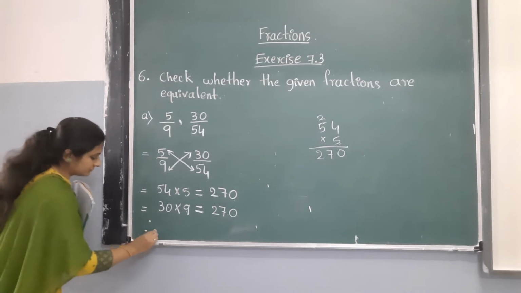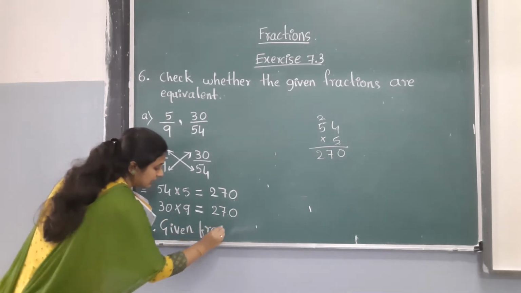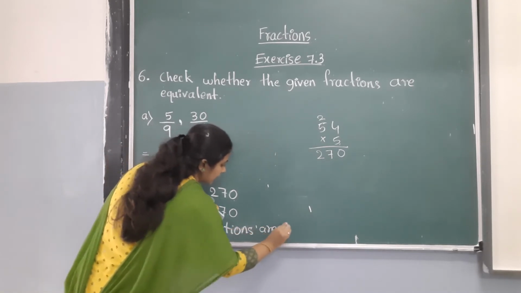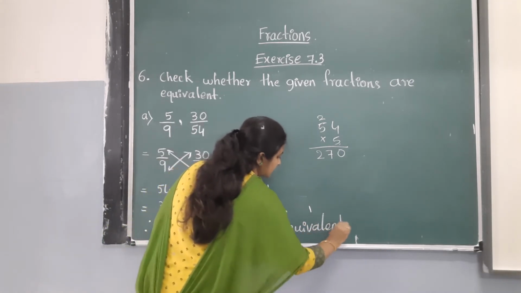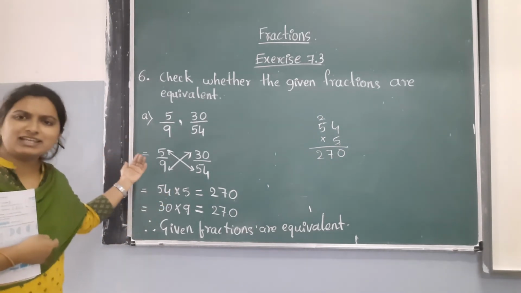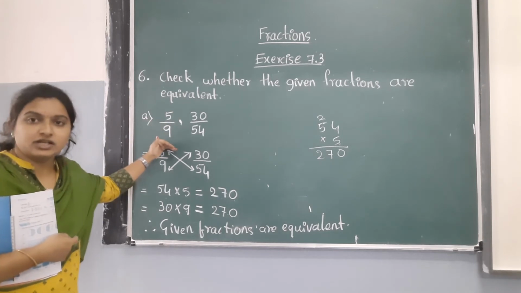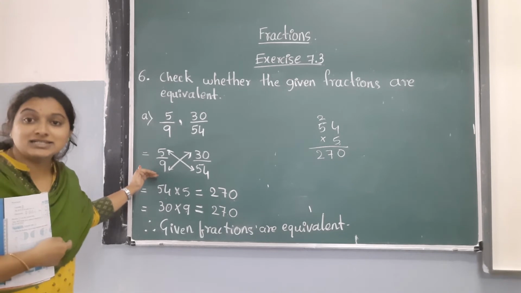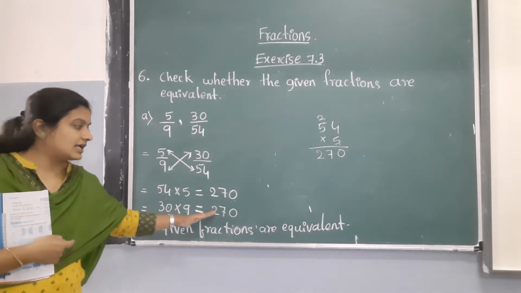Therefore, given fractions are equivalent. Understood? What to do, children? Very simple. See here? They have given a question. We have to write the same question as it is down, do cross multiplication, multiply and write the answer.